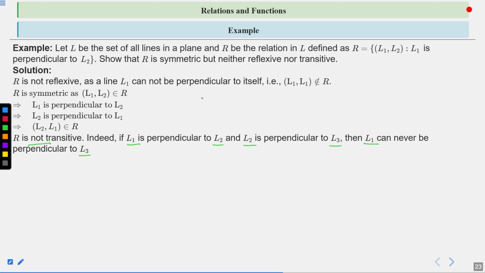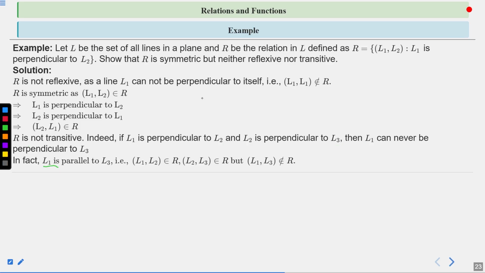You can easily assume two lines perpendicular to each other, name them L1, L2. Make another line perpendicular to L2 and name it L3. You can easily observe that this line is not going to be perpendicular to the first line L1. So not transitive.